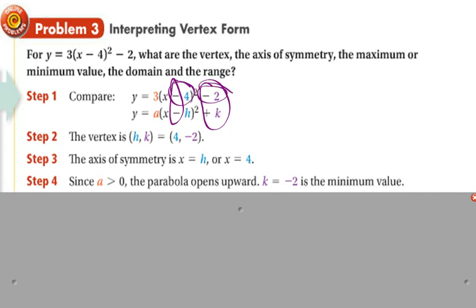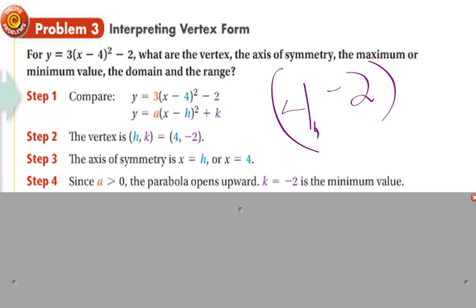It would be plus negative 2. So if you're replacing k, you're replacing it with a negative 2. So your k value is negative 2. All right? Any questions over that? That means your vertex is 4, negative 2. So anywhere I left that off, fix that now.